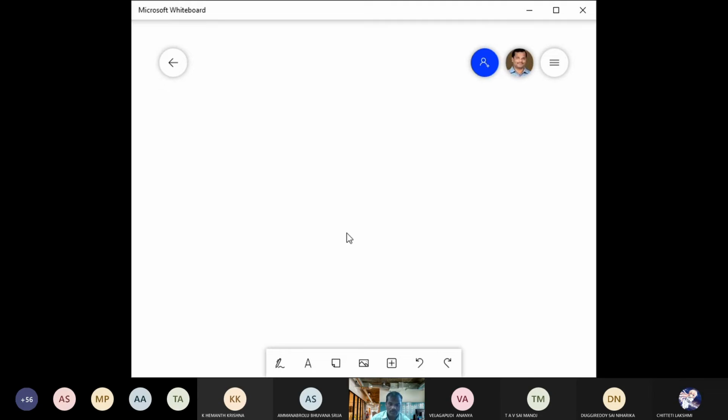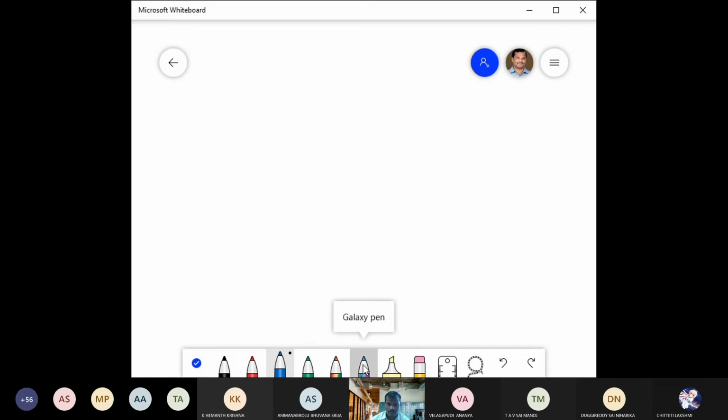So given is T of n is 3T n by 2 plus n square.